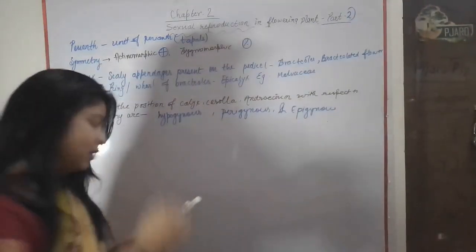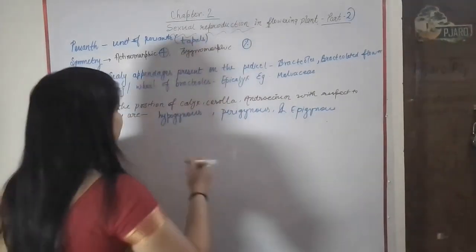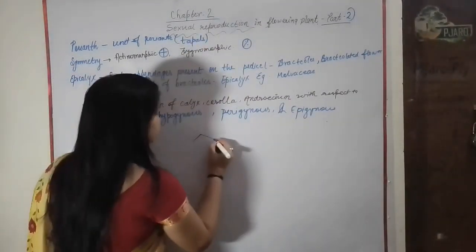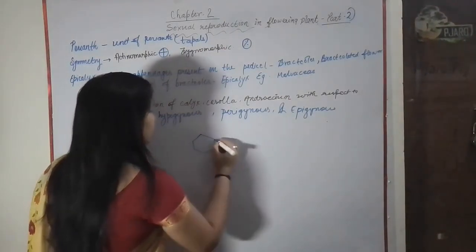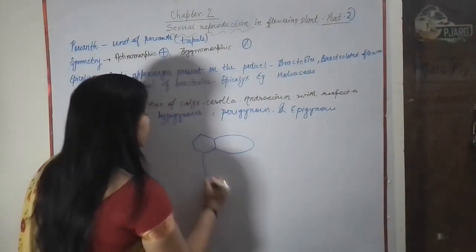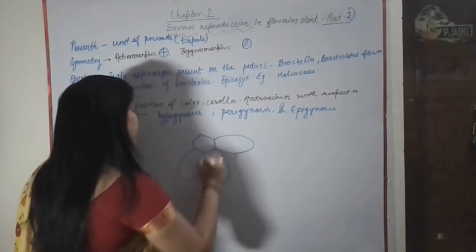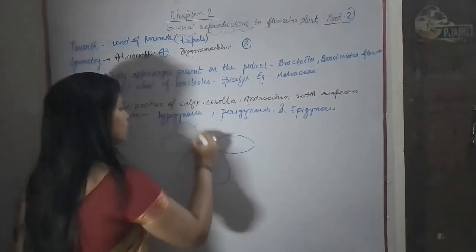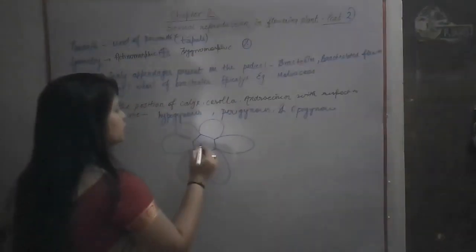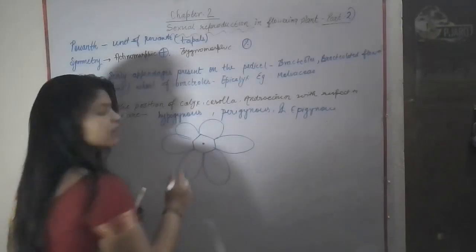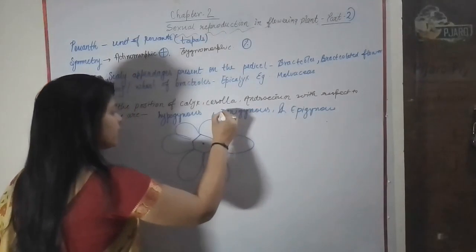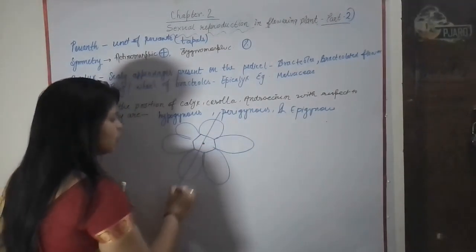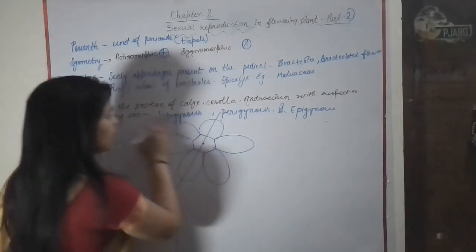By diagram, that is slightly difficult to show, but I will try again. From every part, I am just making one. When we cut it by the center, we get the same half.